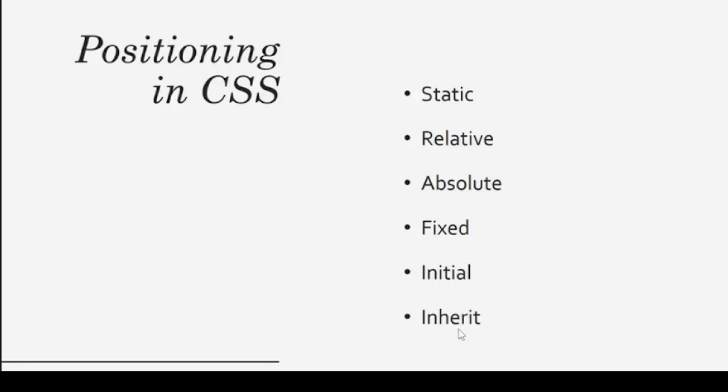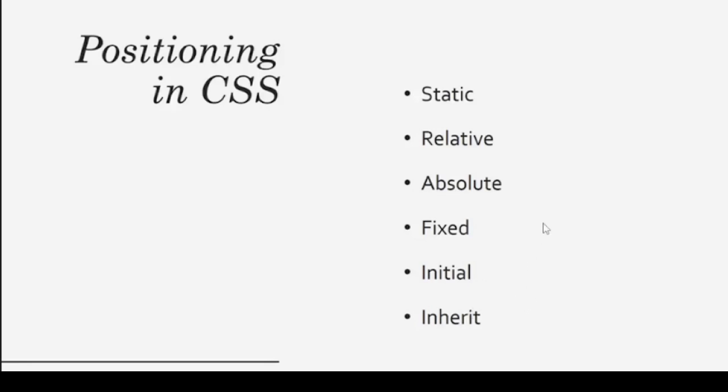Then inherit is when the element just inherits the whole value from the default settings. Now you might get confused in this particular aspect, but once I start showing you what I mean by all these, static, relative, absolute, fixed, initial, and inherit, then you will get to know what we are actually talking about.